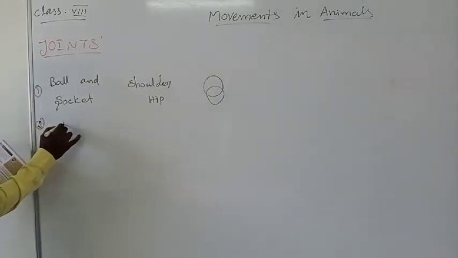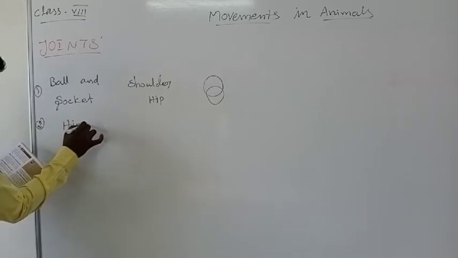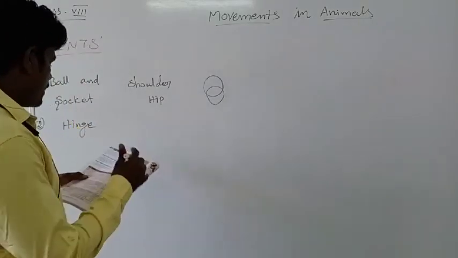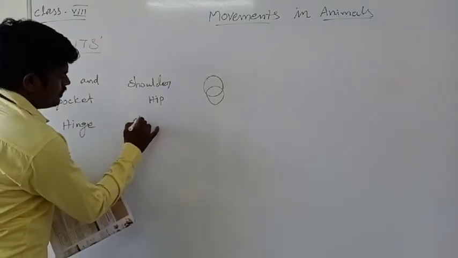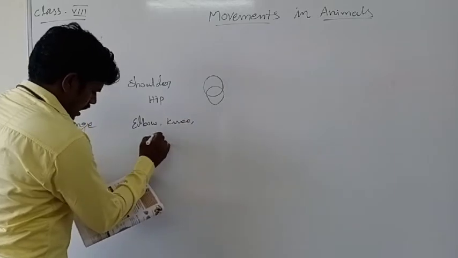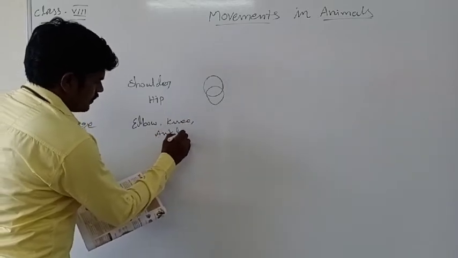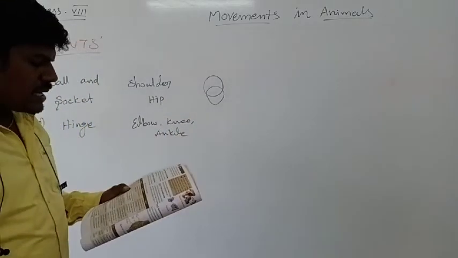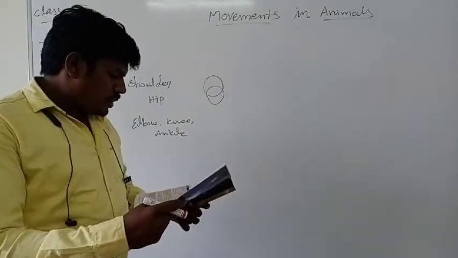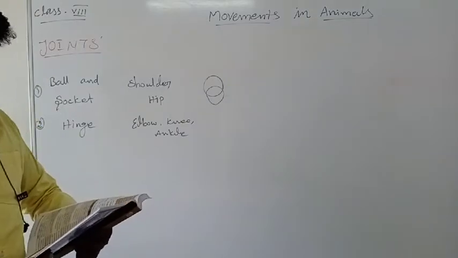Hinge. This is the elbow, knee and ankle. Where is this present? The elbow and knee and ankle. They are present. This is a cylindrical portion of the bone articulating with the trough-shaped depression of the adjacent bone.